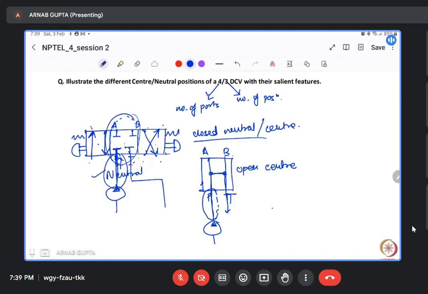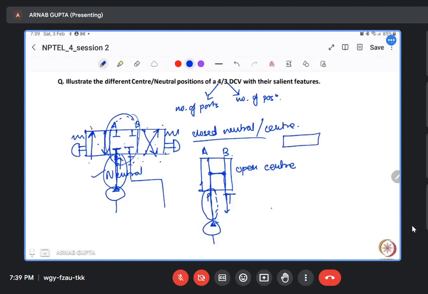But here you can see that liquid can flow either from A to B or B to A, right? So if you want to hold the cylinder in a particular position, then that may not be a desirable choice because the load can allow the liquid to flow out of A, right?